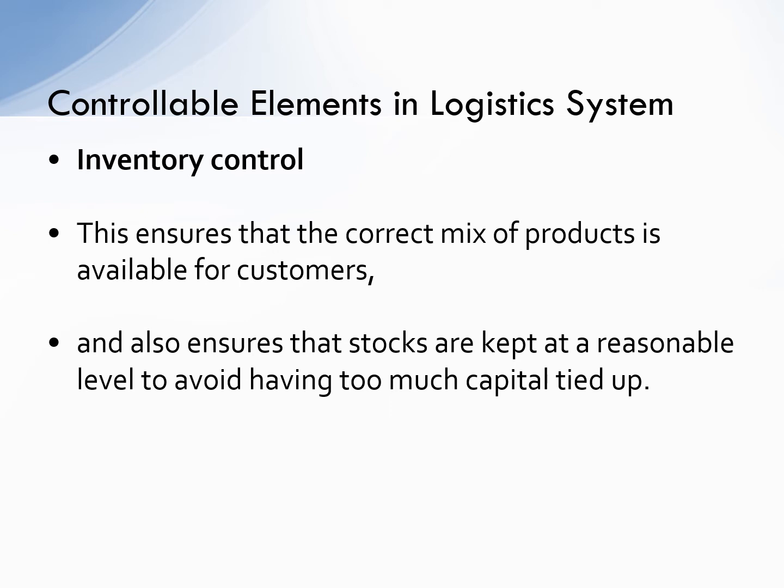Inventory control is another controllable element in logistics system. Inventory control ensures that the correct mix of products is available for customers and also ensures that stocks are kept at a reasonable level to avoid having too much capital tied up.